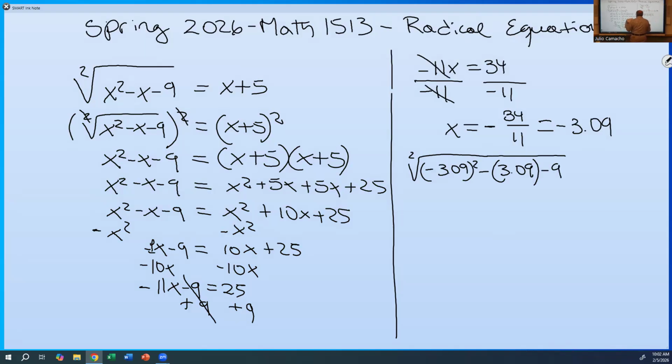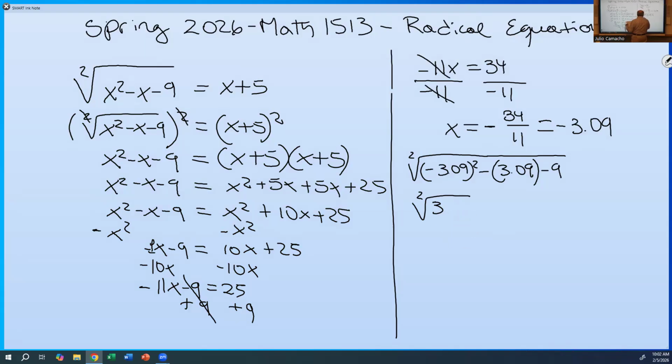That part of the equation is equal to, let's see here, the square root of 3.64.